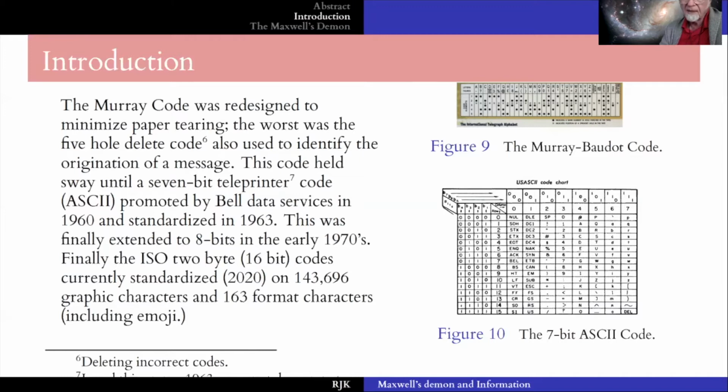So if you wanted to delete information, you would just retype on the same spot where you had the information, all 5 holes punched. And usually when you were writing programs or something like that, you would leave some space in the tape, then write more.